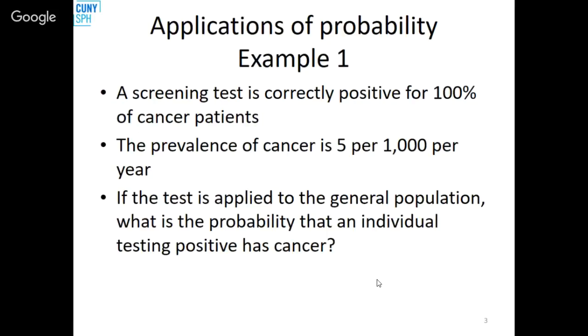But to give you an extreme example of how you don't know whether you should be worried or not here, let's say that this test simply says positive to everyone. It's just like a piece of paper that says yes. Then that meets that first criterion. It's correctly positive for 100% of cancer patients, but it's wrong for everyone who doesn't have cancer. So you need both of those pieces of information to answer this final question.